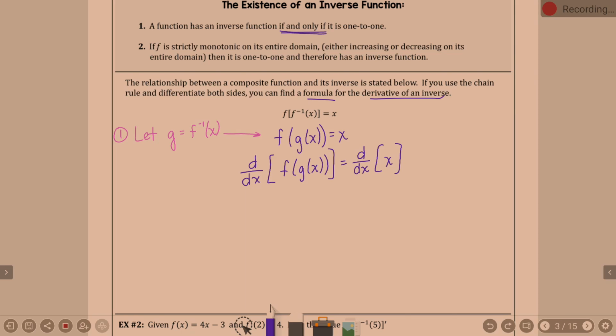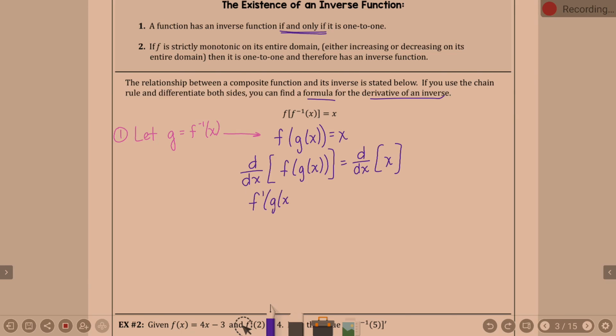That's just notation, stating what we're going to do. So on the left, what's the derivative of f of g of x? We've been there, done this. It's f prime of g of x times g prime.